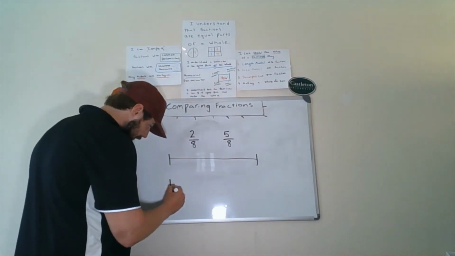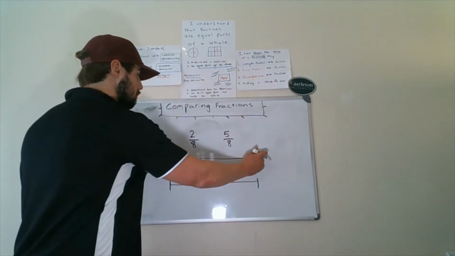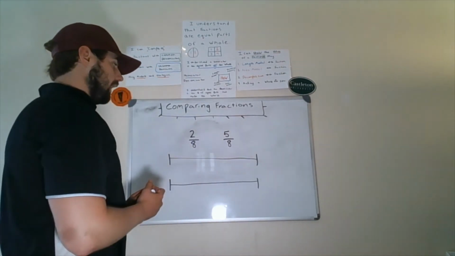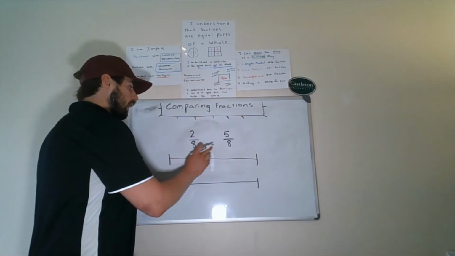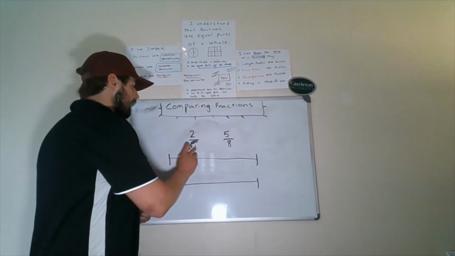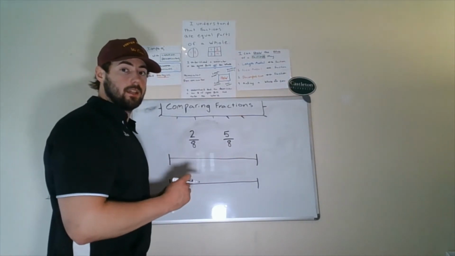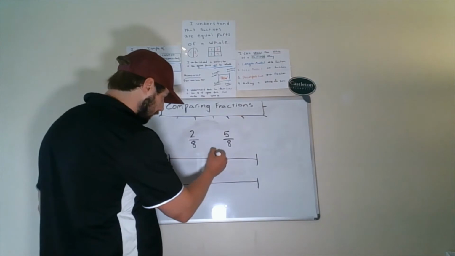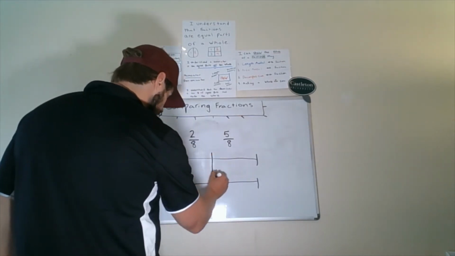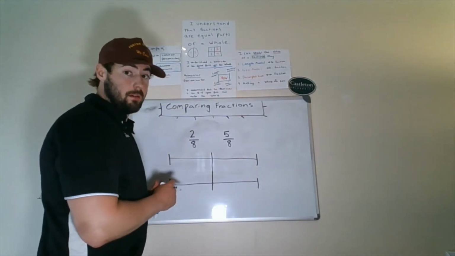So, boom, boom. There's my two wholes that are exactly the same size. But I know, because I'm becoming a fraction genius, and so are you, that these wholes are partitioned into 8 equal parts that make that whole. So I am going to do that right now. I am a teacher and I'm a math genius.